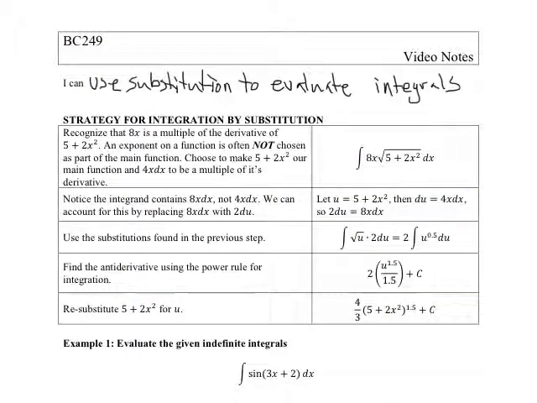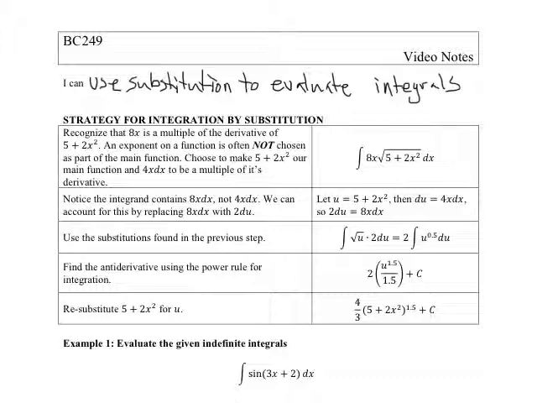Alright, in this video we're going to learn to evaluate integrals that are going to require substitution. And oftentimes we'll get an integral which looks like we can't find any direct antiderivative of it, and perhaps substitution is one way that we can solve it. If you have the product of two different functions, that might be a way to recognize substitution.